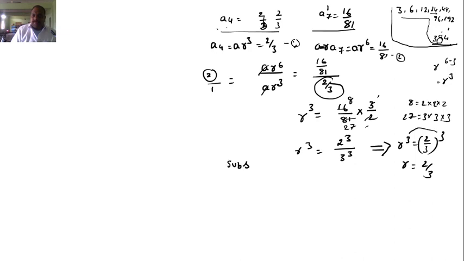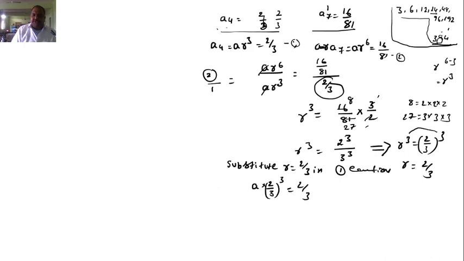Substitute r is equal to 2 by 3 in the second equation or the first equation. r means 2 by 3 whole cube is equal to 2 by 3.